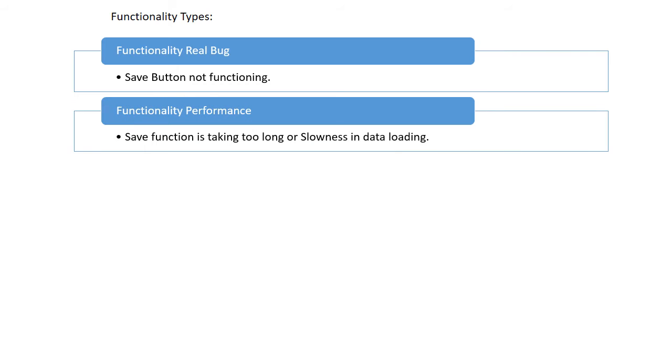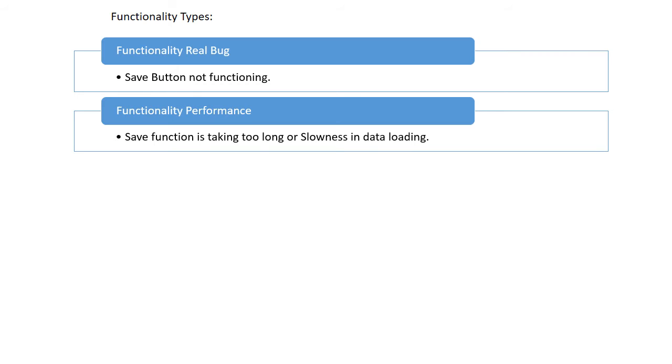The second type is functionality performance. For example, the save function is taking too long to submit the data, or slowness in data loading and the occurrence of preloaders.